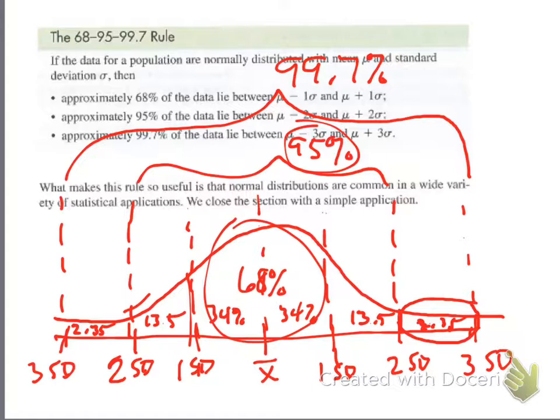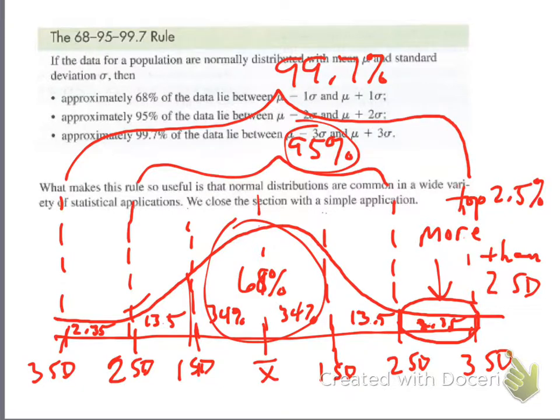So that means we are more than 2 standard deviations. That's what the top 2.5% means. So how do we find that?